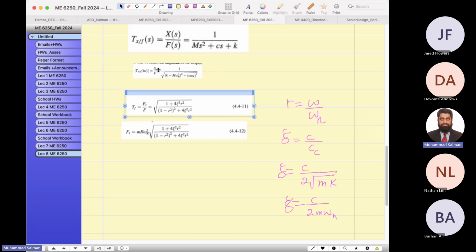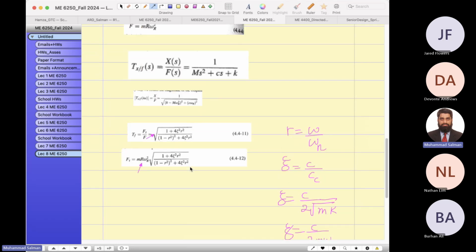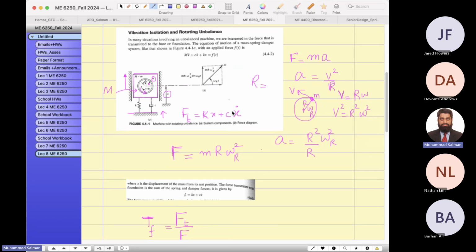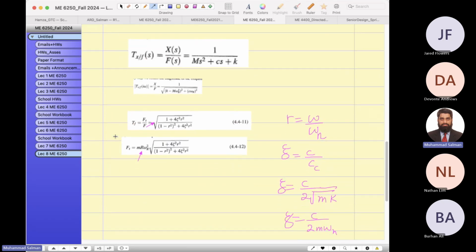If you cross multiply this force, which is the force due to the unbalance, to the right hand side, this is the unbalanced force, m R omega squared, which we started the lecture from. Now this is the formula for the transmissibility of force. Please write it down in your notes. I'm going to solve some examples to help you understand the concept.